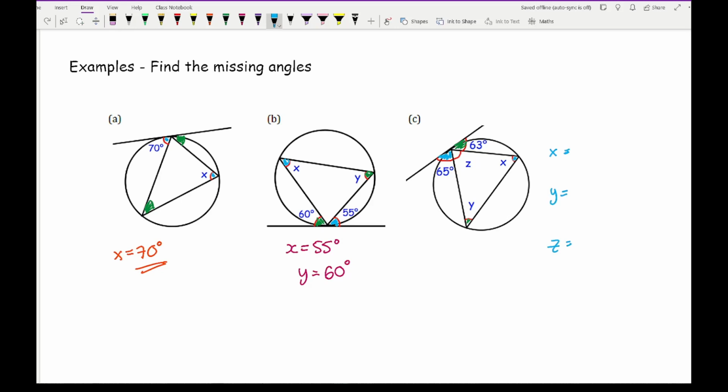So here, x using the AST is going to be 65 degrees. Y is going to be 63 degrees, and then to work out what Z is, remember that angles inside a triangle add up to 180, so it's going to be 180 minus 65 minus 63, which gives me 128. So 180 minus 128 is going to give me an answer of 52 degrees.